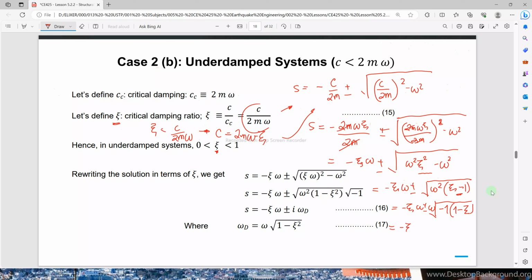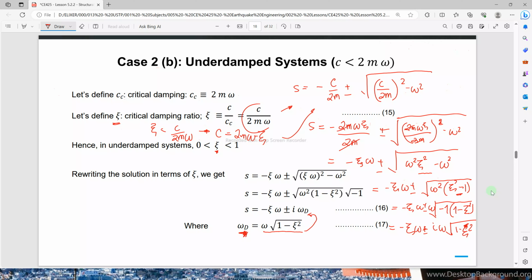So this will yield the result negative xi omega plus or minus i omega times the square root of 1 minus xi squared. Then we have another term, omega d, the damped natural frequency, and this is its formula.